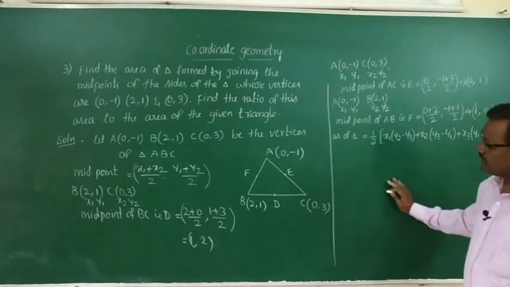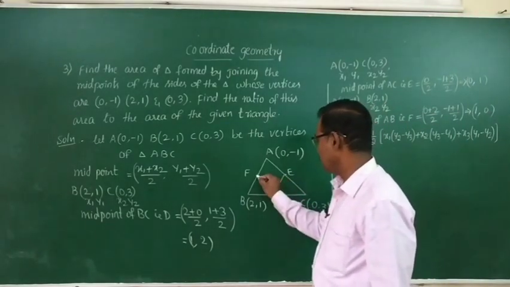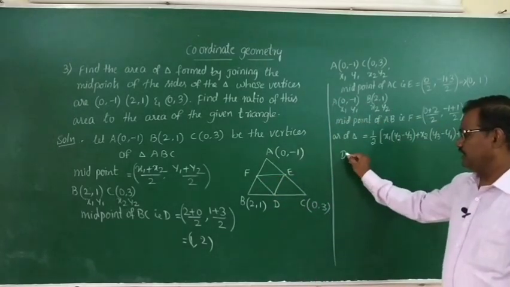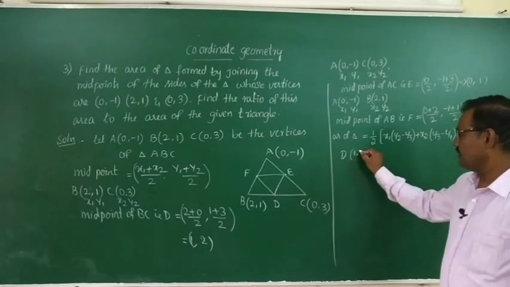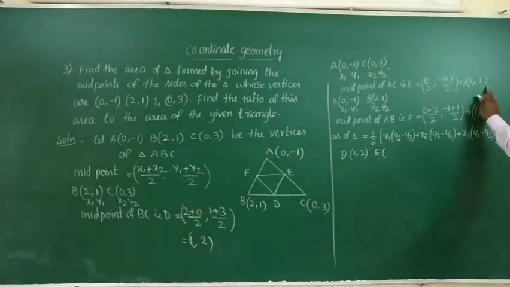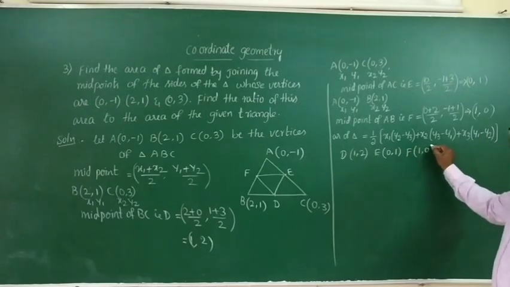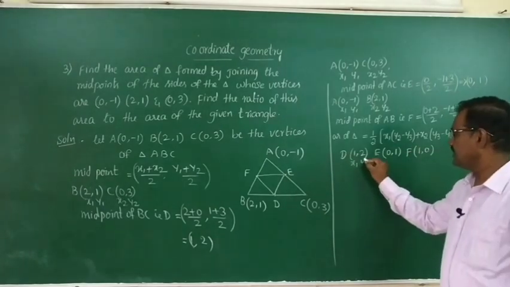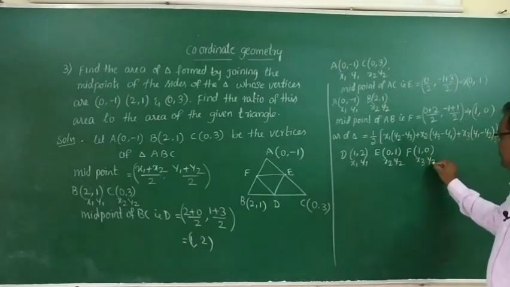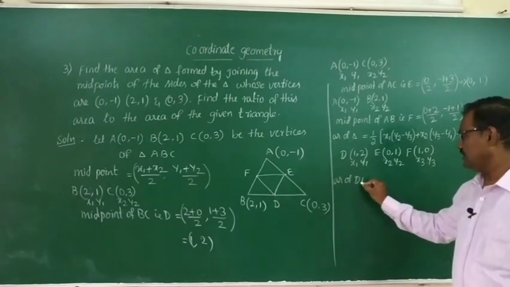Here D is (1, 2), E is (0, 1) and F is (1, 0). Let us name them x1, y1, x2, y2, x3, y3, and find the area of triangle DEF.